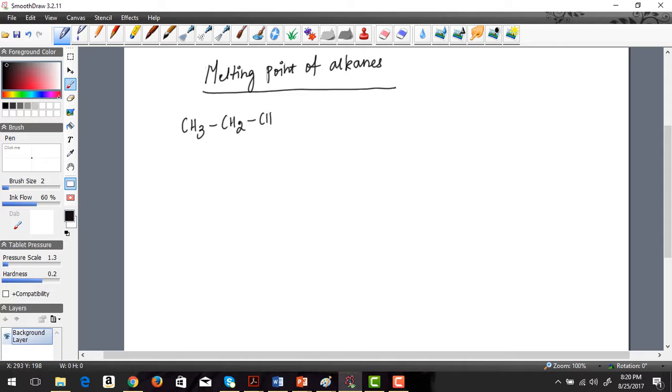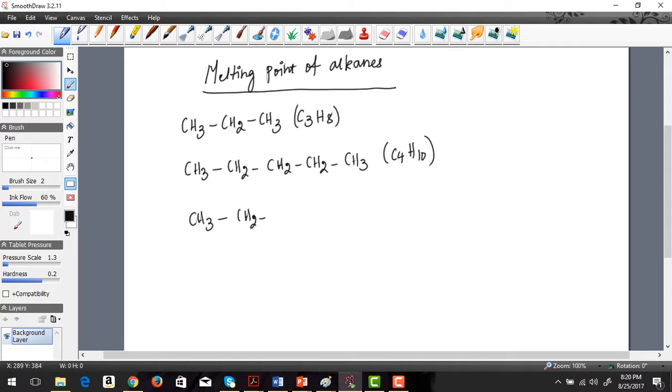Let's write this. This is a condensed structure of C3H8, right? And then let's write a condensed structure of CH3, CH2, CH2, CH3. This is C4H10, right? Let's write one more: CH3, CH2, CH2, CH2, CH2, and CH3.